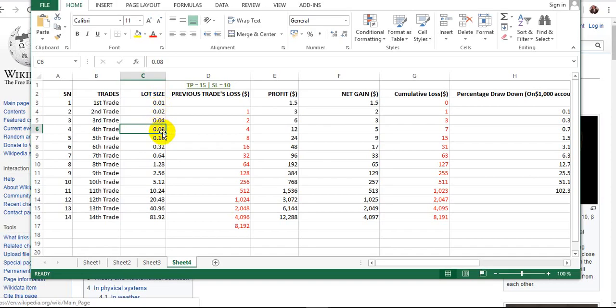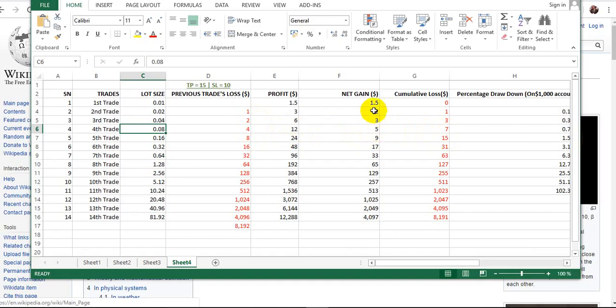We double our lot size again, so we're looking at 8 micro lots and 80 cents in potential profit and potential loss per pip. But now we make a profit here, so we say 80 cents times 15, that gives us $12. Our cumulative loss is 4 plus 2 plus 1, which is 7. So 12 minus 7 is 5.